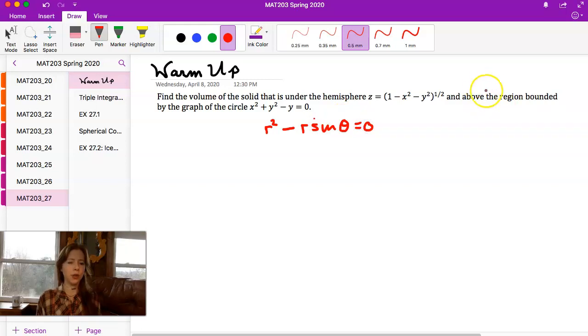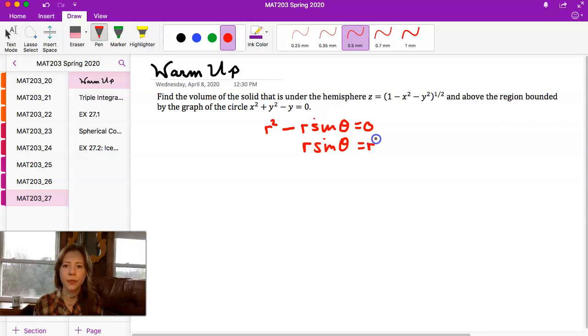What we're trying to do is set our bounds. Remember that we have to set bounds for theta and for r. Right now I'm trying to figure out what the bounds for r might be. For r, we can set r sine theta equal to r squared, and then dividing both sides by r tells us that r is equal to sine theta.